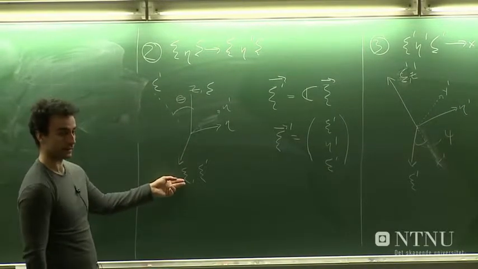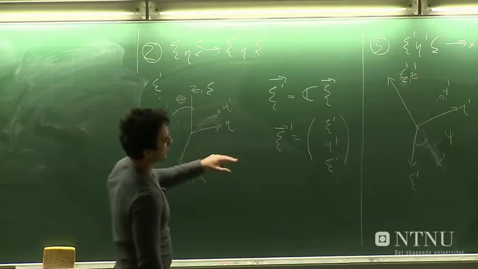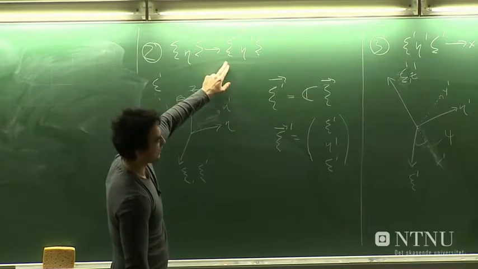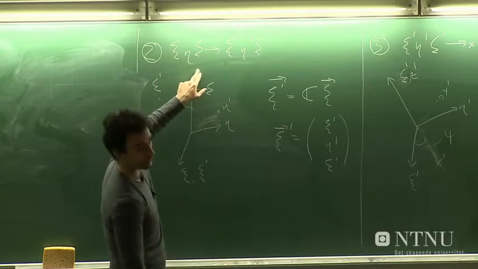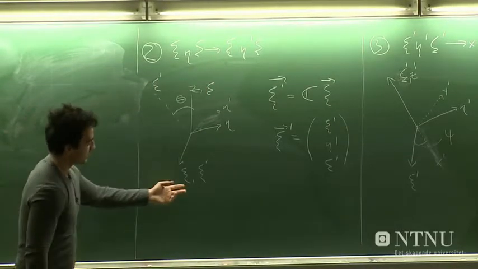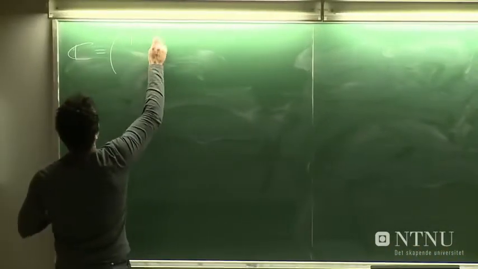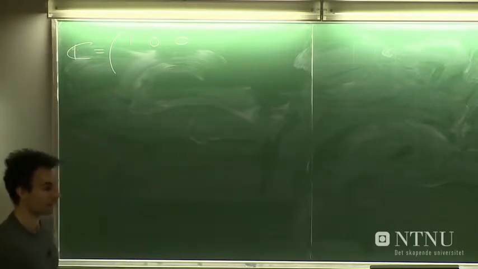One axis remains invariant. Well, we can consider the upper row to begin with. So the upper row corresponds to the transformation of xi into xi prime, where it says how xi prime depends on these original coordinates. Well, we know that xi prime is equal to xi, so it should just be a unity transformation, similarly to the z-axis in the previous case.